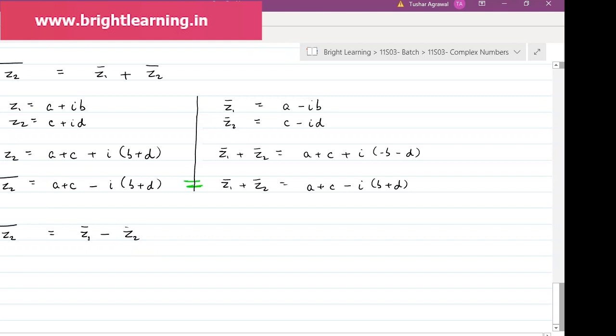So you can separate the bar sign. Same method of verification, just here instead of addition, we're doing subtraction. Verify yourself, I leave this to you. This is very easy, you will be able to do it.